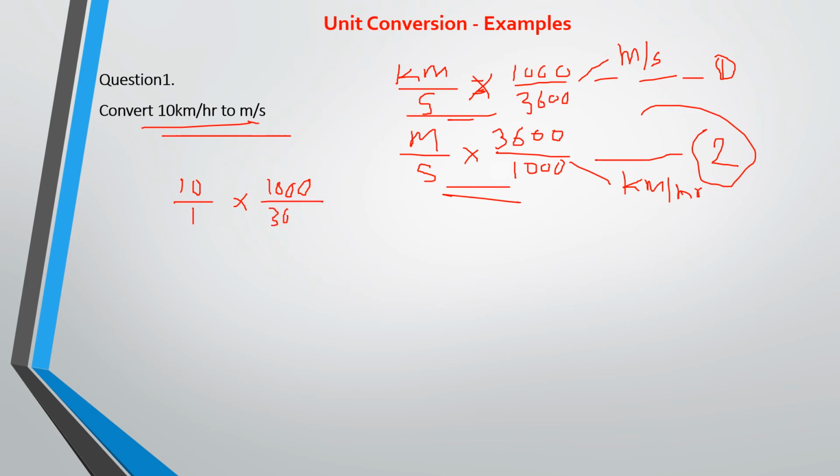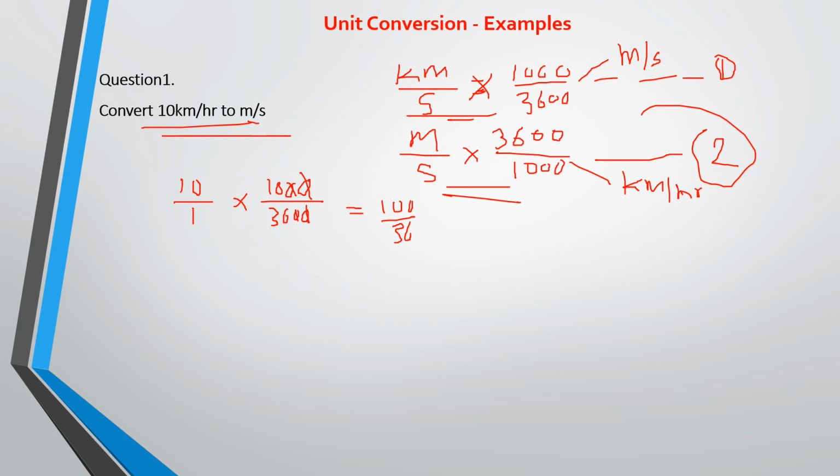So by the time you do this simple calculation, you cancel the zeros. These 2 zeros will cancel out. So here you will now have 10 times 10, that is 100, all over 36.